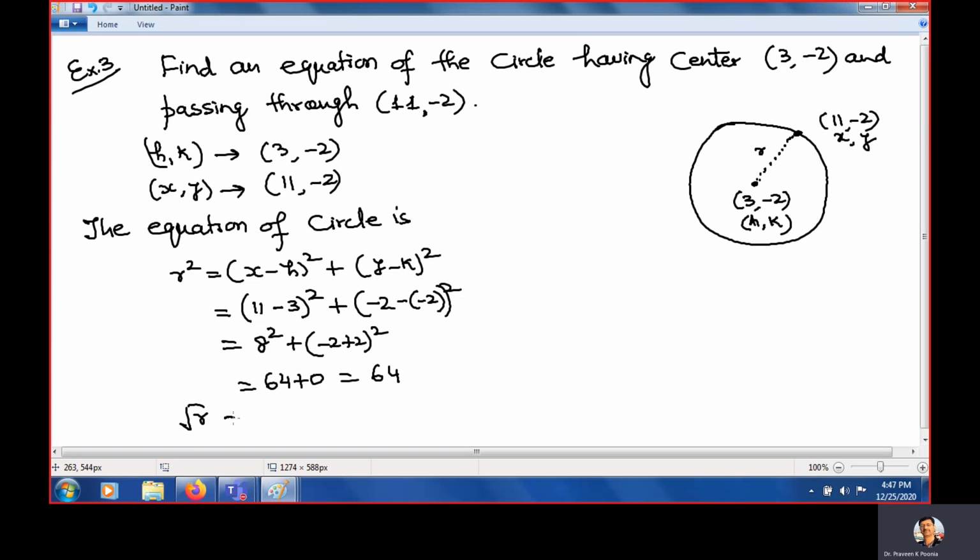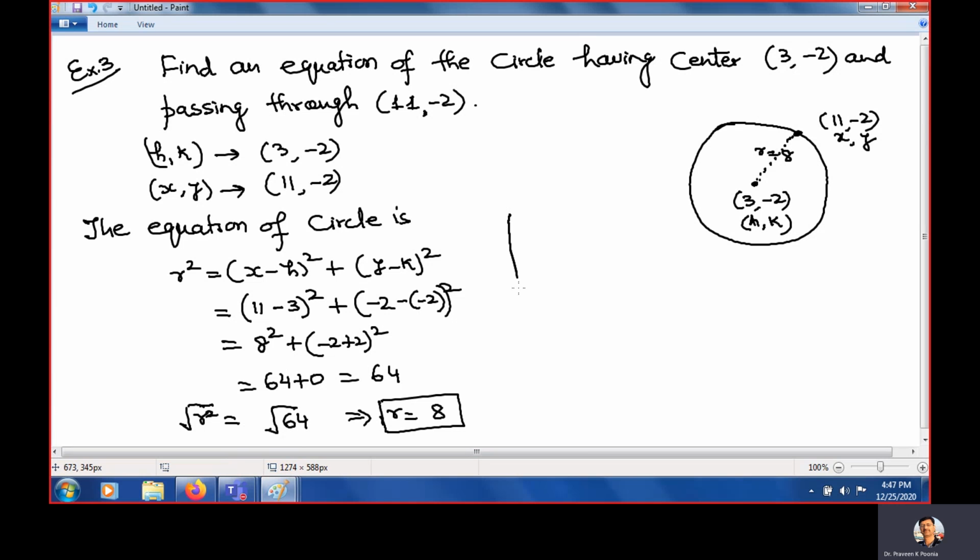Now taking the square root, we cannot choose negative because it is a length. Length is always positive. So r is equal to 8. This radius we have evaluated.